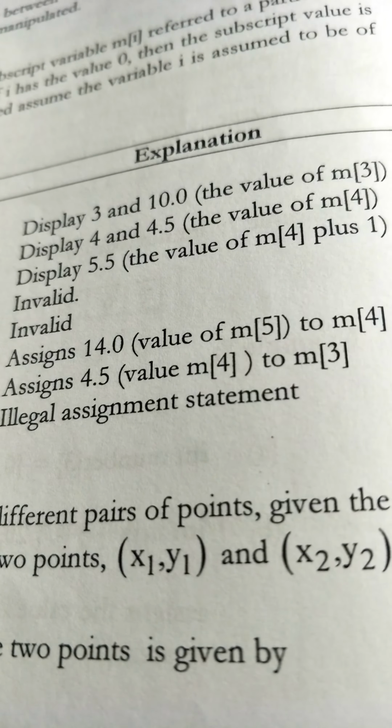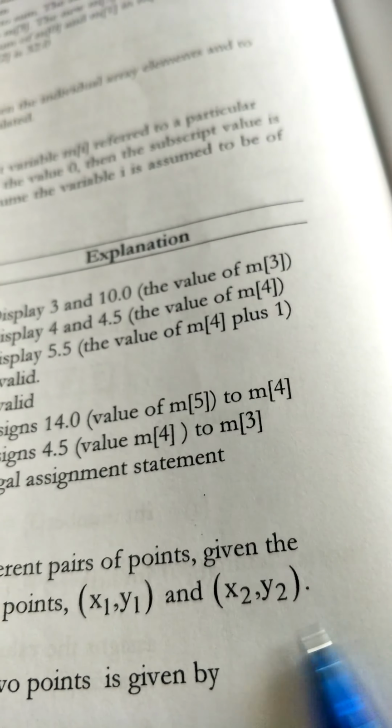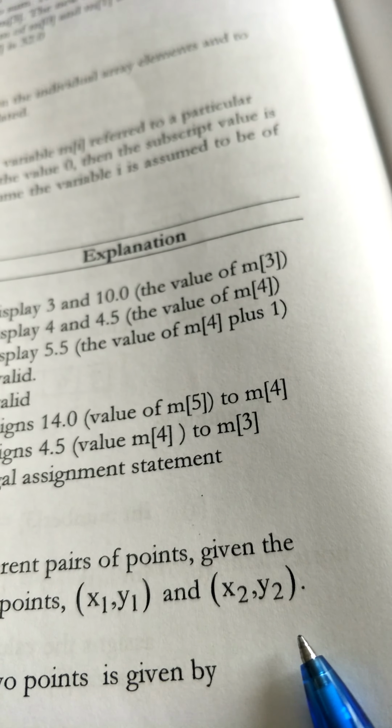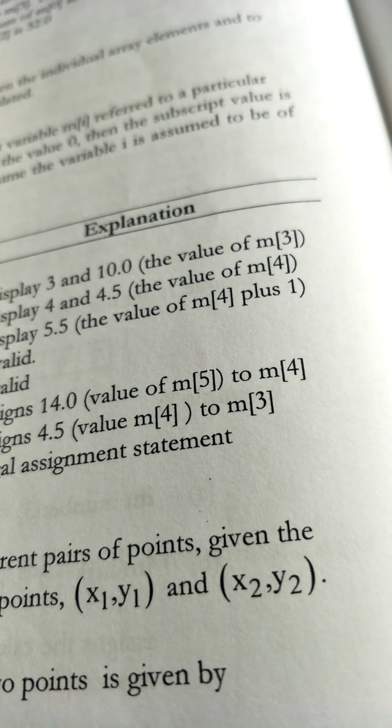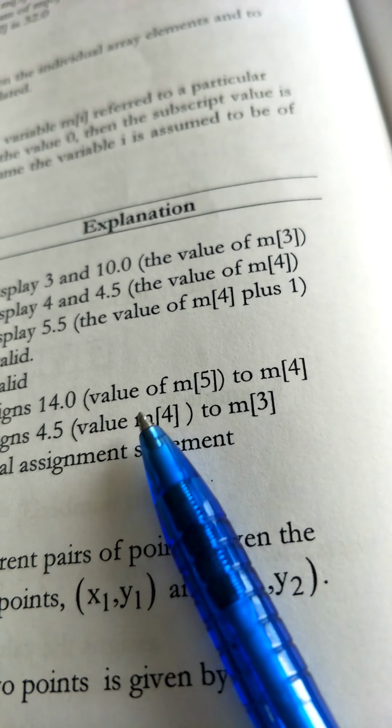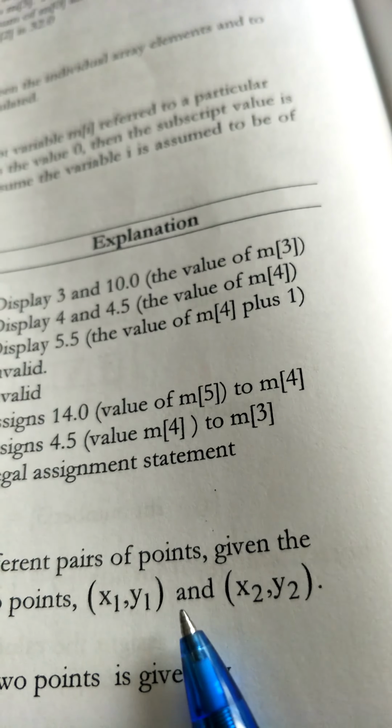So this is a pair of points, this is a pair of points, this is another pair of points. So we can find the slope of the line connecting those 2 points, and you can have many.